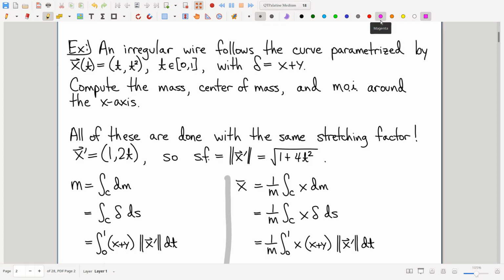That's the same domain, parameterized by the same parameterization over the same values of t. Mass distributed by the same density formula. The parameterization having the same velocity and therefore the same speed. A lot of these calculations is exactly the same stuff. Just a little bit different, right? But a lot of sort of duplication.